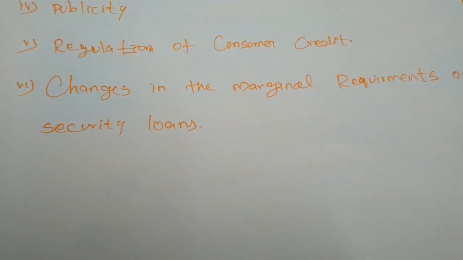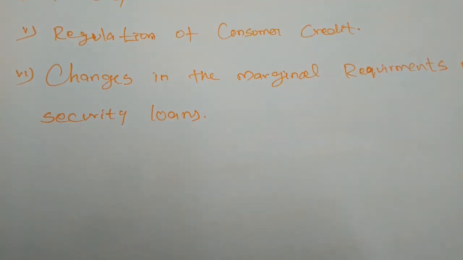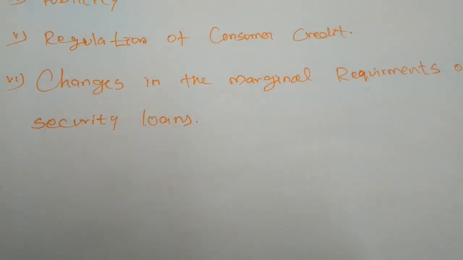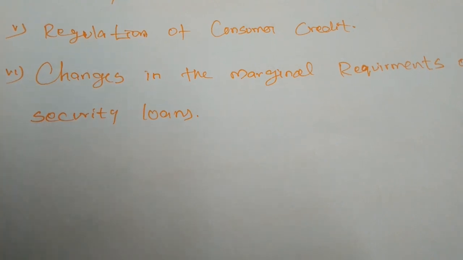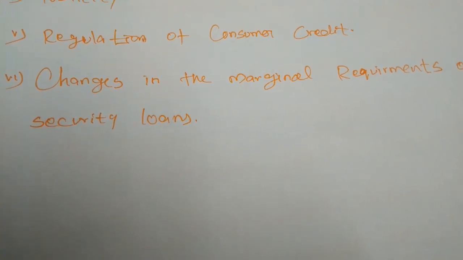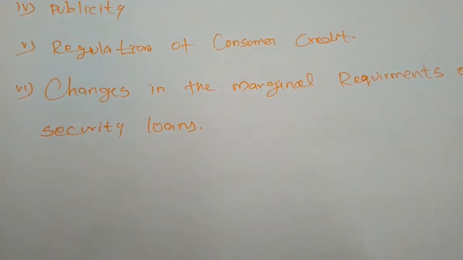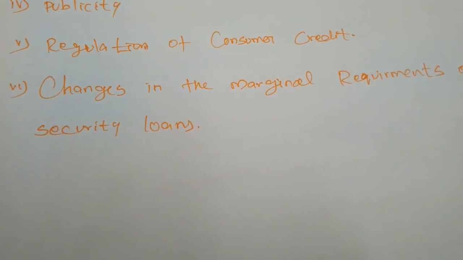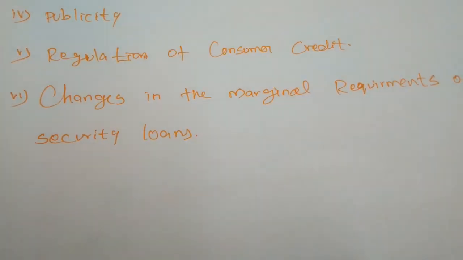Next, changes in the marginal requirements on security loans. The system is mostly followed in the USA. Under the system, the Board of Governors of the Federal Reserve System has been given the power to prescribe margin requirements for the purpose of preventing an excessive use of credit for stock exchange speculations.